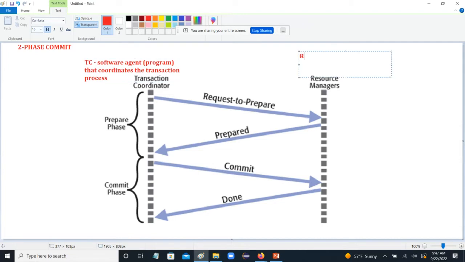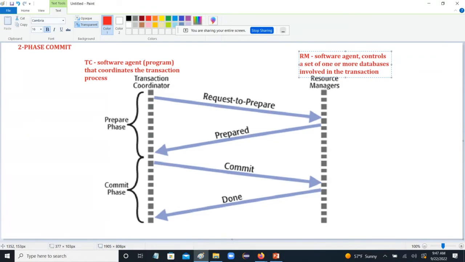Your resource managers control a set of one or more databases involved in the transaction, okay? So the resource manager is basically, again, some kind of software agent, just like the transaction coordinator.